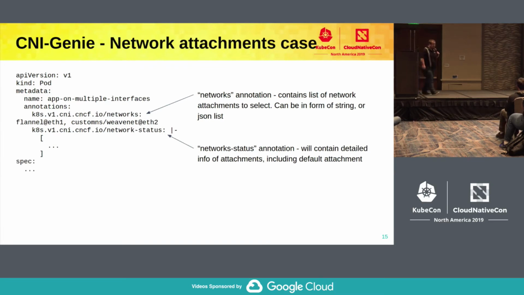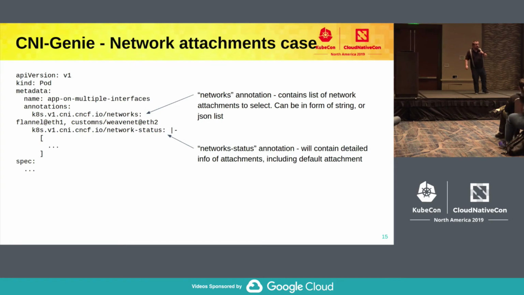Another option is to use network attachments. In the case of network attachments, the configuration which is shown there is based on another name for the annotation. And this example will work also with Multus.